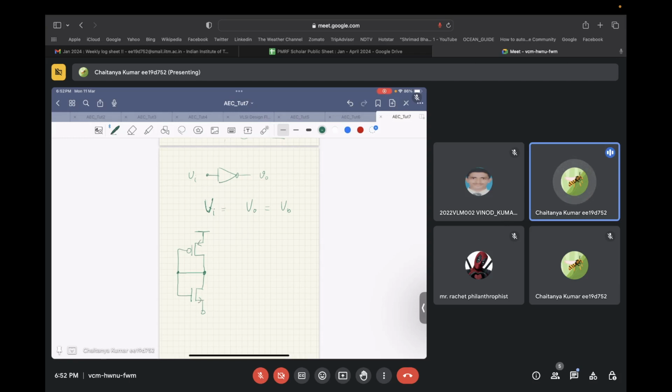Now, in this case, if there is any current that is supposed to be flowing through this particular path, can any of the transistors be out of saturation? Let's assume a current is flowing.